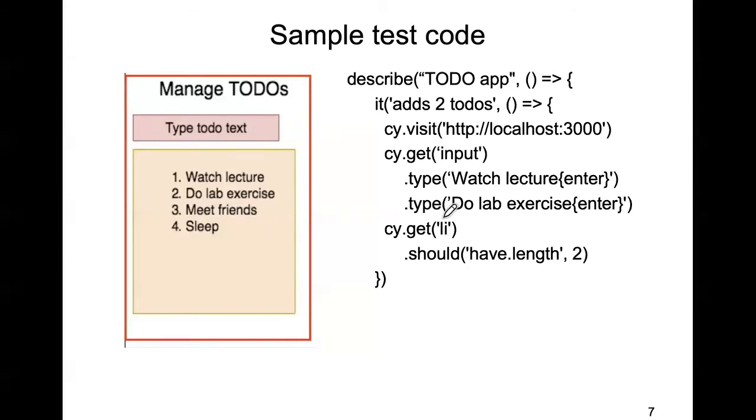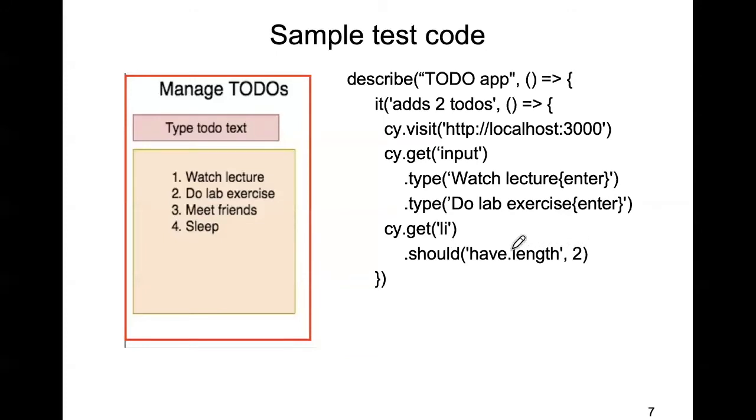And so what I'm doing here is getting all of the LI elements that are currently being displayed on the screen and contained within the DOM. This expression is going to return an array of LI elements, and it looks like what I'm doing here is checking that the length of that array is equal to 2.